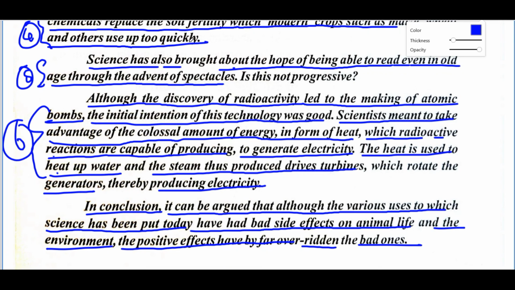So this is how you can come up with an argumentative composition. Remember, an argumentative composition is one where you try to persuade someone to believe or be convinced that your side, or what you are saying, is true by giving factual points.